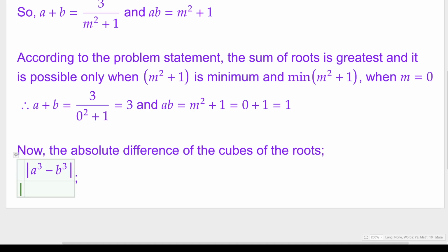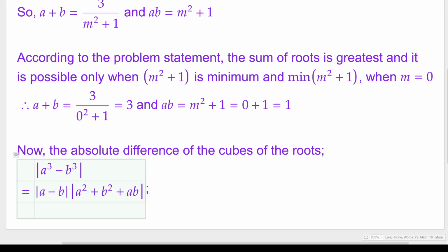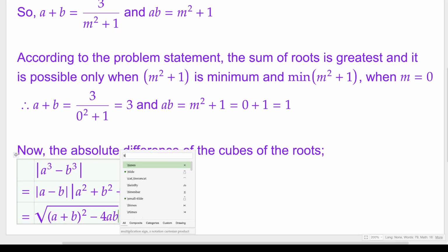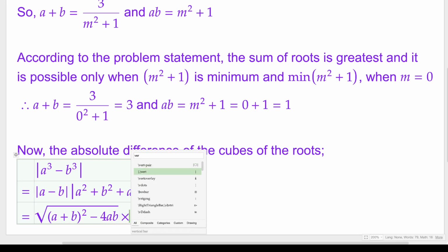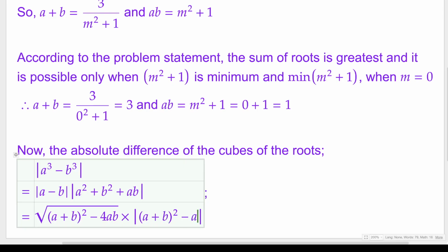Now I will be using the identity over here: within the absolute value we can write (a − b), and in the product I can write (a² + b² + ab). Now this a − b can be written as the square root of (a + b)² − 4ab, times, and within the absolute value we can write this one as (a + b)² − ab, right?